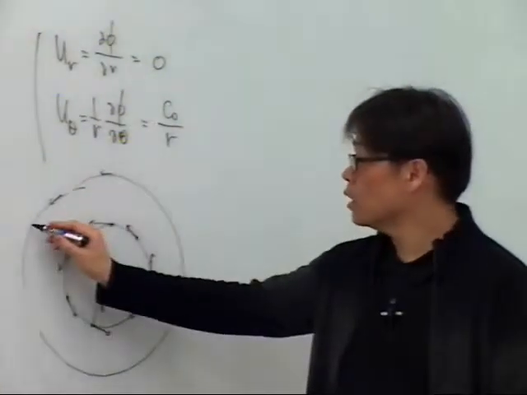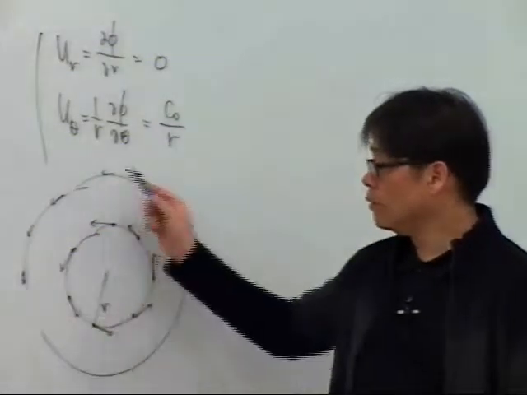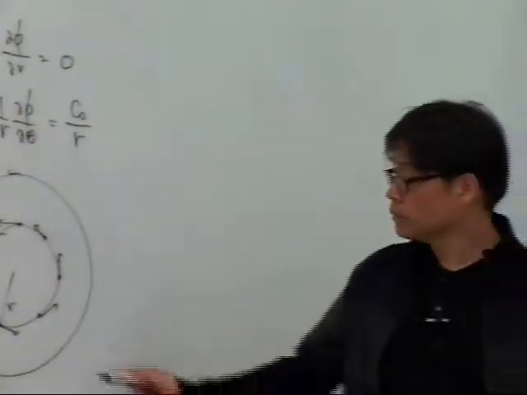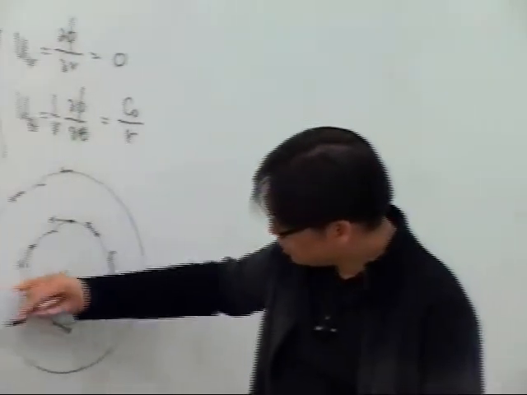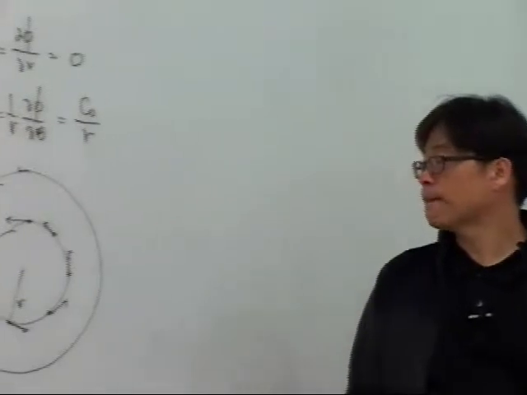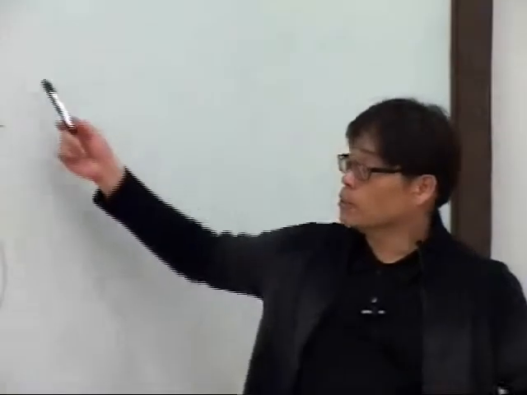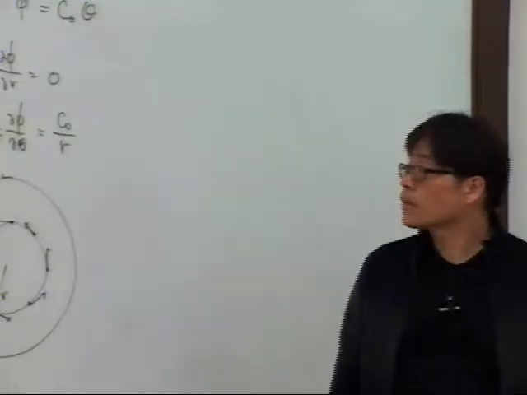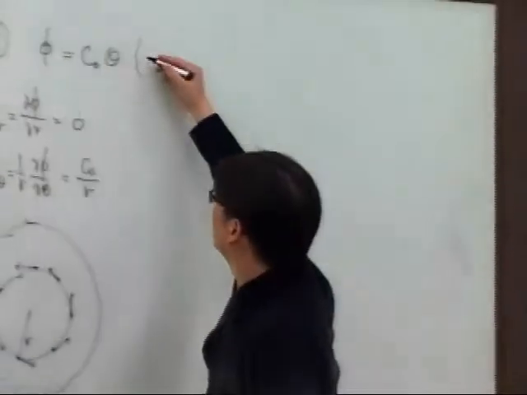But the fluid particle is moving along this circle. So even though phi is not 2 pi periodic, that's okay because the velocity fields are 2 pi periodic. And this solution is called the vortex.